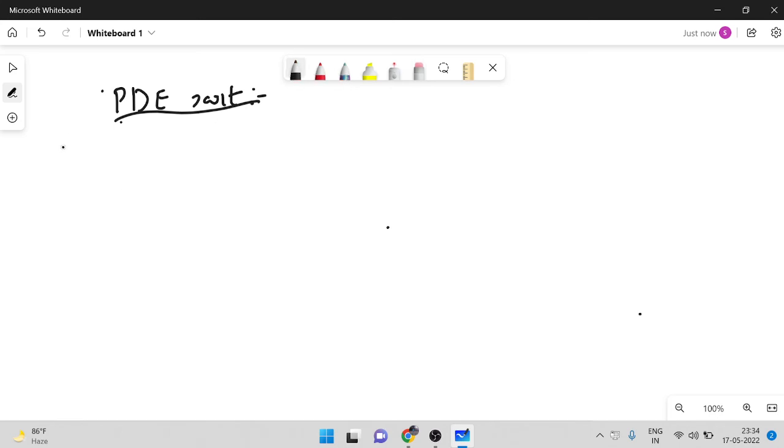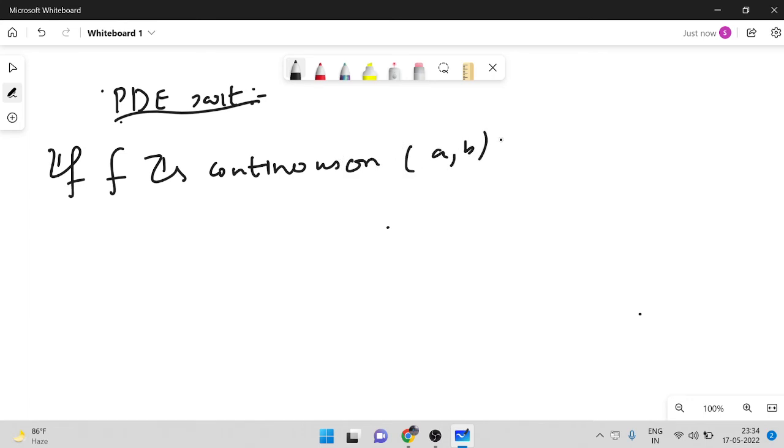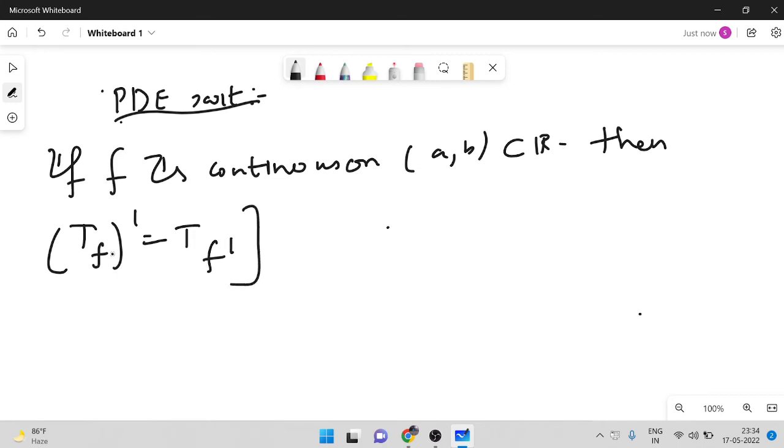So if f is continuous on [a, b], a subset of R, then T of f whole dash is equal to T f dash. I will prove this.